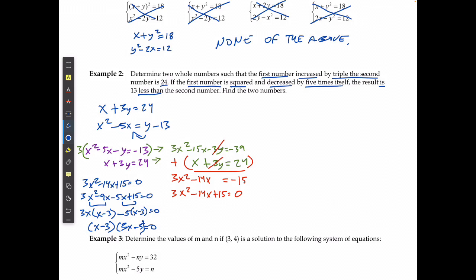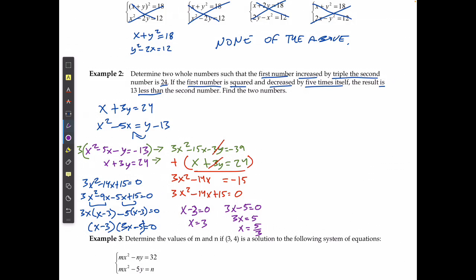Now, if I know that these are my two factors, then I'm going to solve for the x's. So for one possibility, x minus 3 is equal to 0, so x would equal 3. For the other possibility, 3x minus 5 is equal to 0, 3x would equal 5, or x would equal 5 over 3.